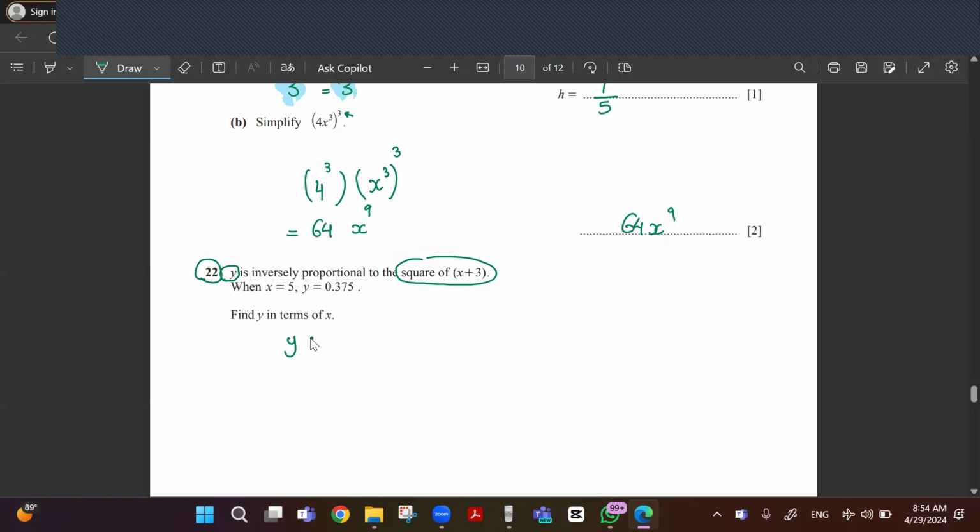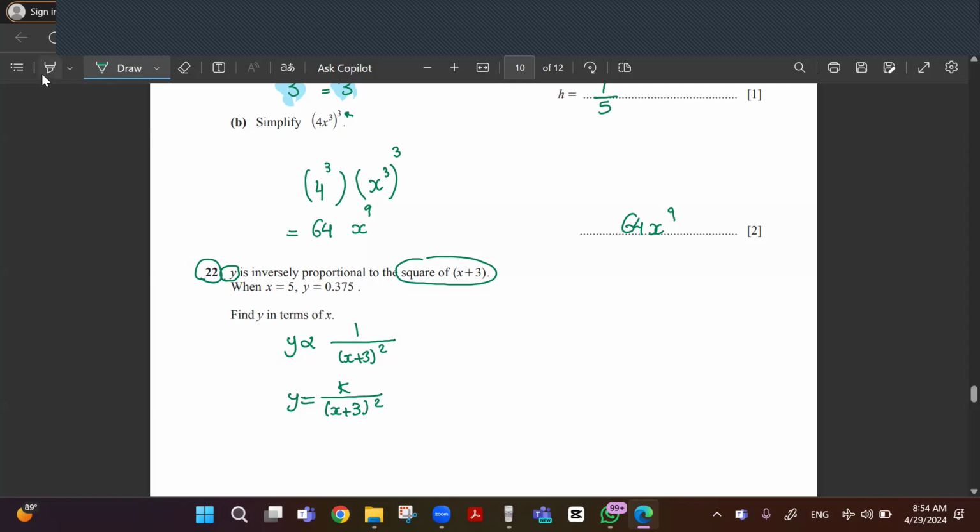So y is inversely proportional to 1 over (x plus 3) squared. This is how I write inversely. Then we said the next step is to remove this sign and make instead of it equal any constant, which is k over (x plus 3) power 2.